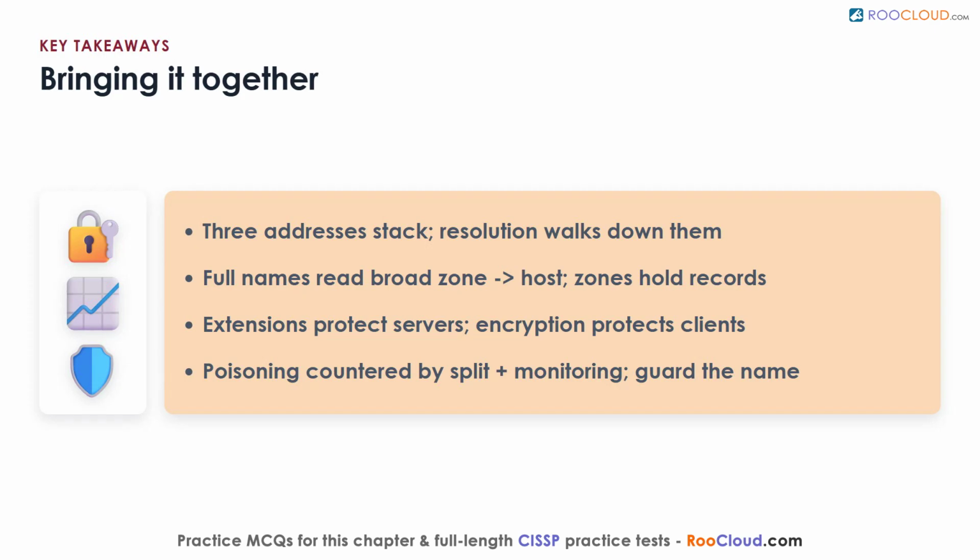Poisoning feeds clients false answers through rogue or caching servers, hosts files, or spoofing, and you counter it with split servers, restricted transfers, monitoring, and hardening. And the domain name itself is a target through hijacking and lookalike homograph tricks. Guard the lookups, and you guard where your users actually go.